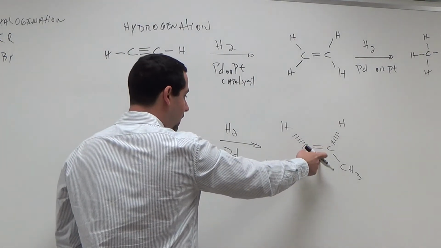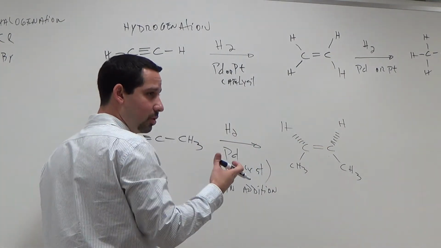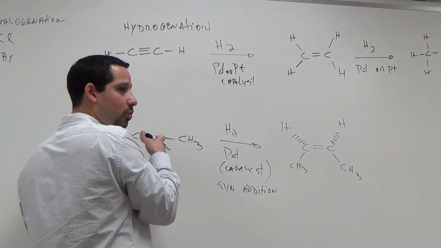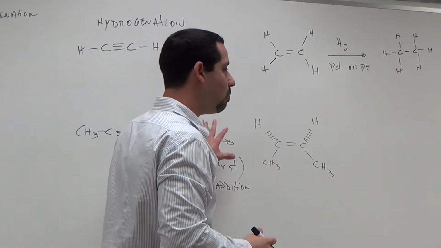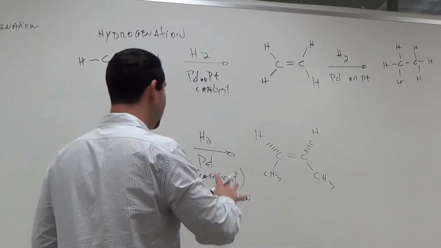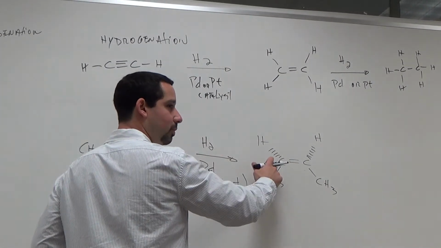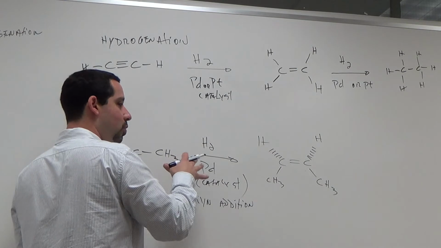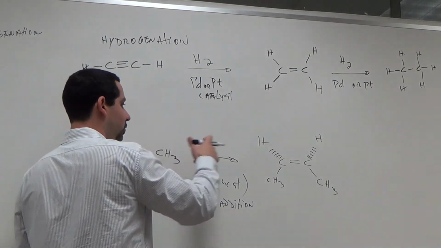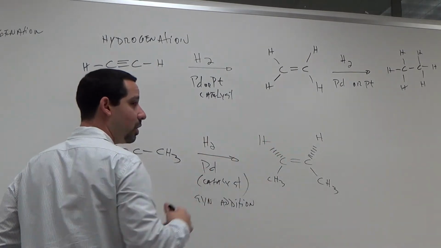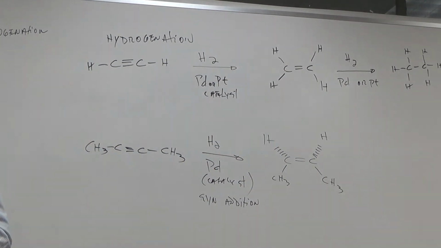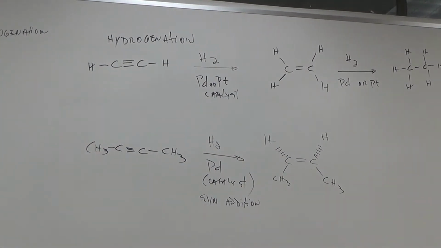But since there is a lot of this in there, and now you are forming this, is there a possibility that this is going to react with this? Is there a reason why the chemical should only react with this one and not with that one? No. So a second mole of this is going to react. Normally you cannot stop at the alkene. You have a mixture of alkanes and alkenes.